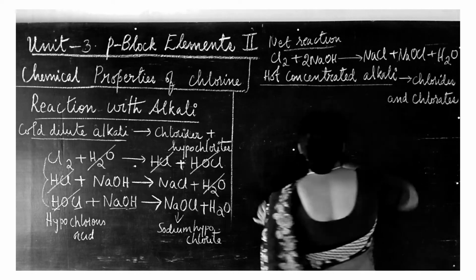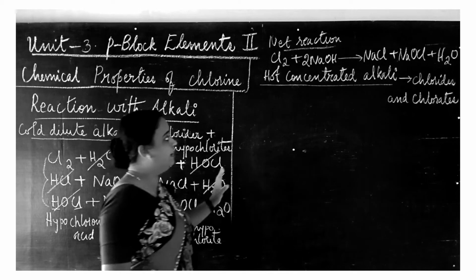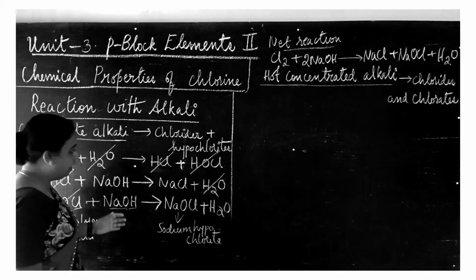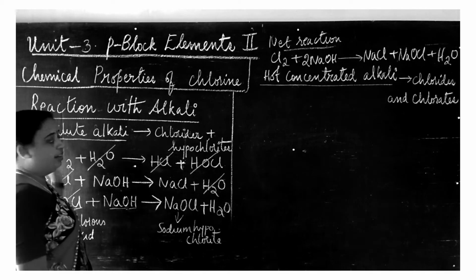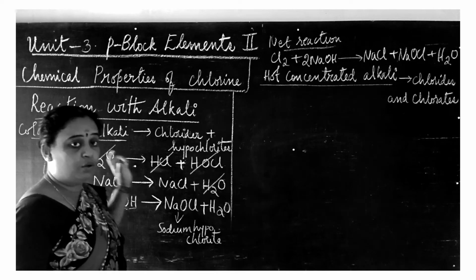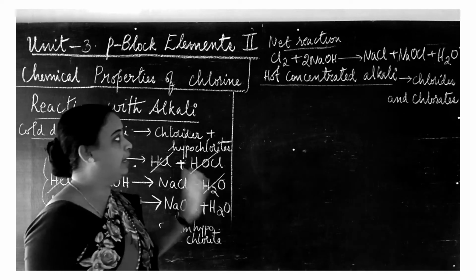So this is the overall net reaction of these three steps of reaction of chlorine with cold dilute alkali.